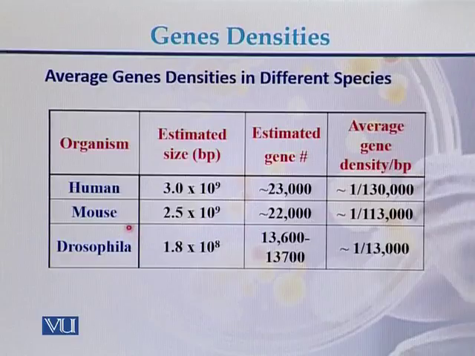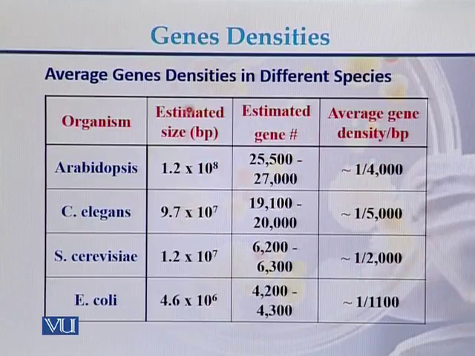In the mouse, there are approximately 22,000 genes on the genome, and one gene can be approximately in 113,000 nucleotides. In Drosophila, the estimated number of genes is somewhere between 13,600 and 13,700, and then the average density of the genes.